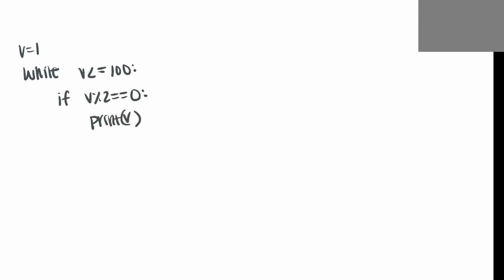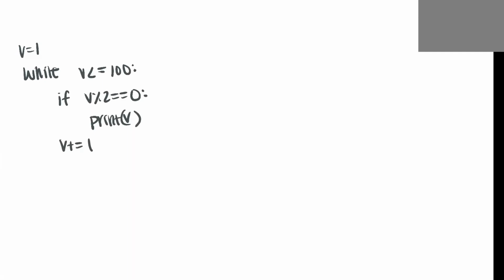And then we had the condition while v is less than or equal to 100. And within that, we had an if statement. If v modulus 2 is equal to 0, then we want to print v. Otherwise, we do nothing. And no matter what, we always incremented v by 1.